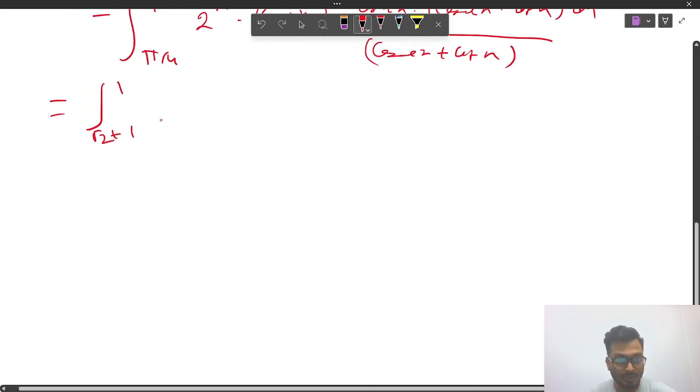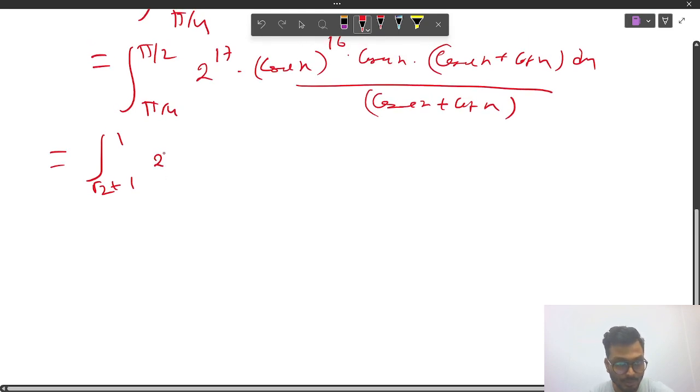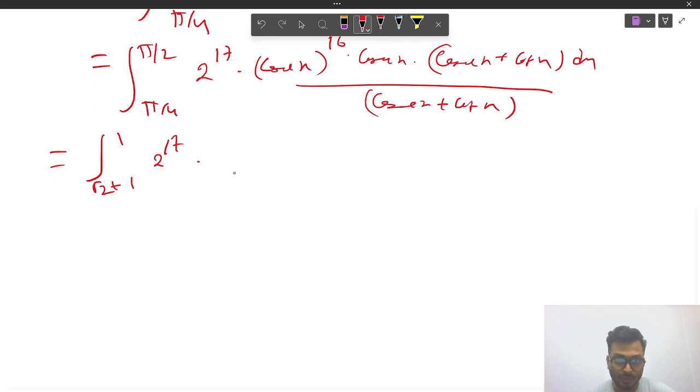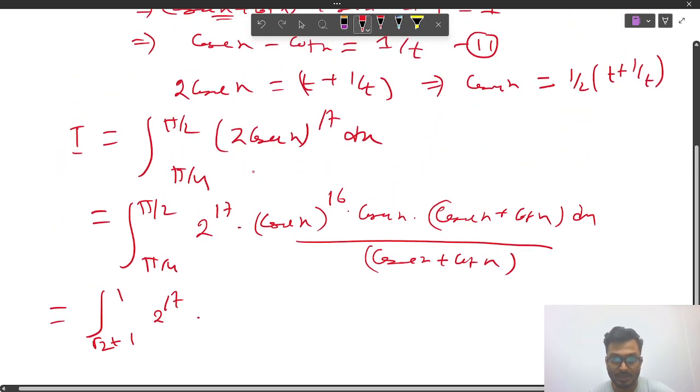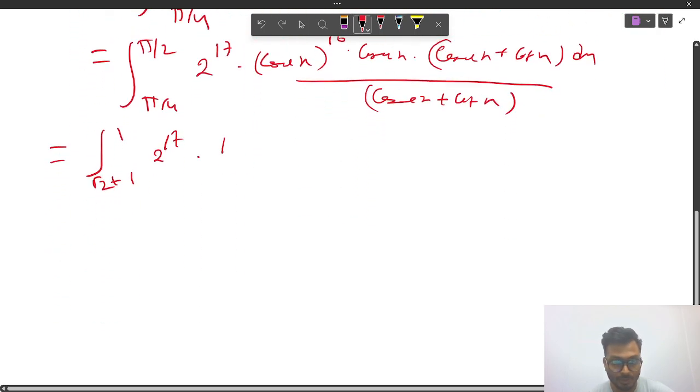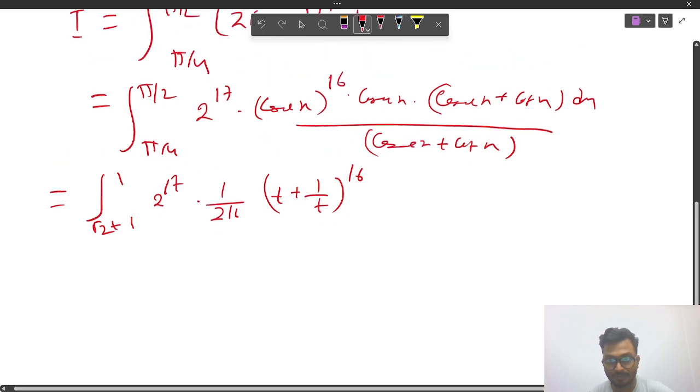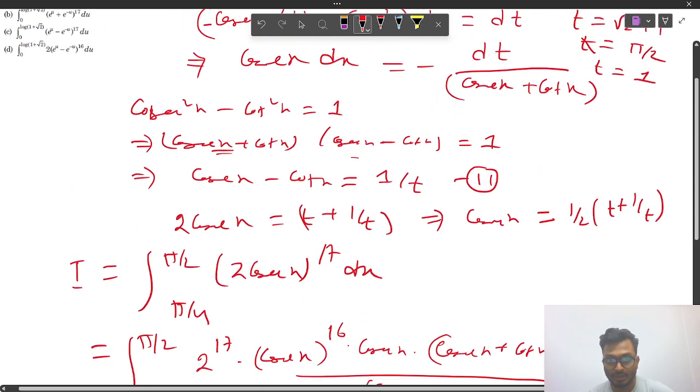Then here cosec x means 1 by 2 into (t plus 1 by t), so we get 1 by 2 to the power 16 into (t plus 1 by t) whole to the power 16.